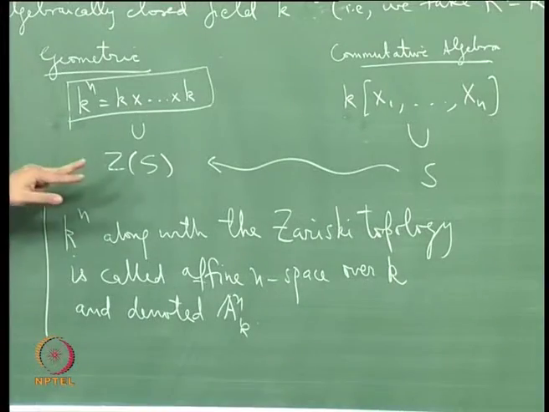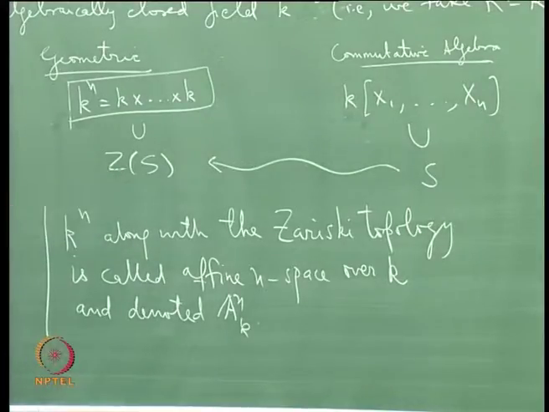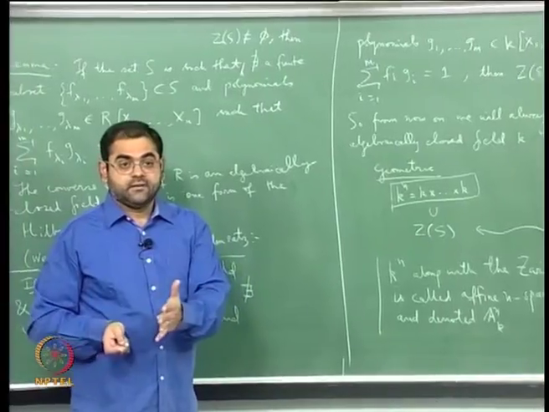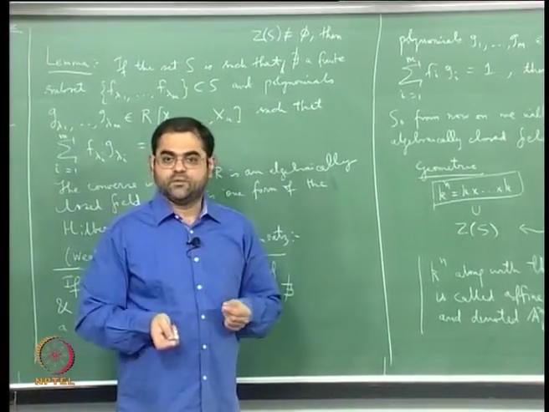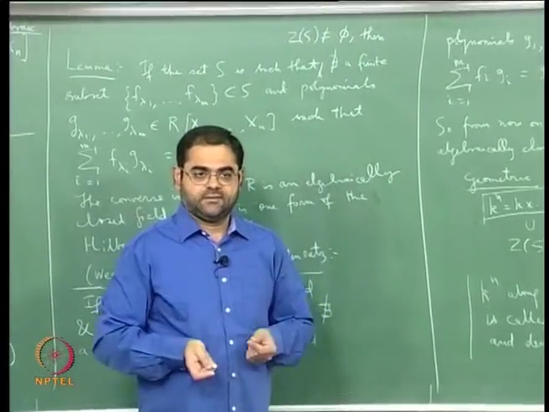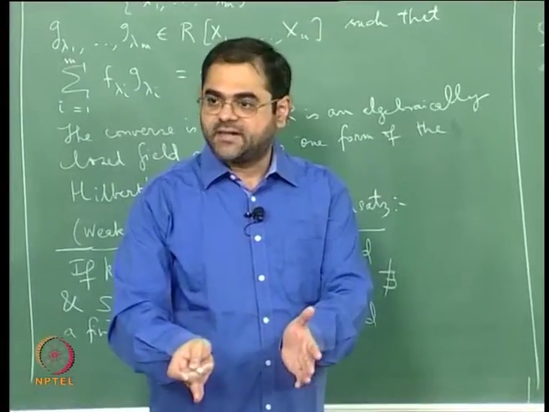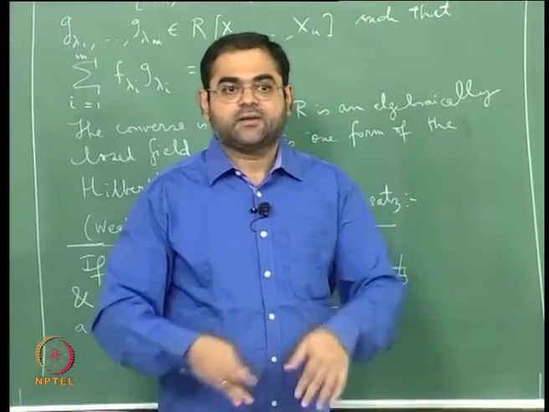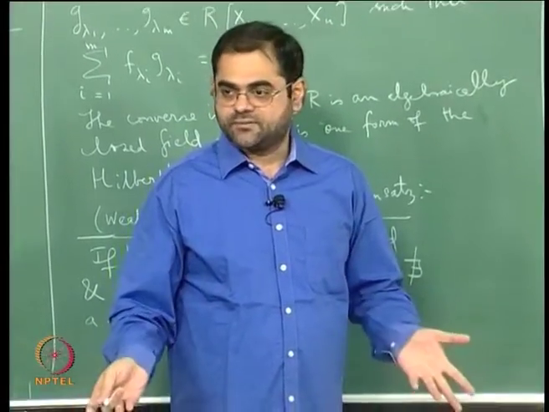So what that will tell you is, what are the open sets? The open sets will be loci where functions do not vanish. For example the locus where a single function vanishes is a closed set, and the complement of that locus, where the single function does not vanish, is an open set, okay.